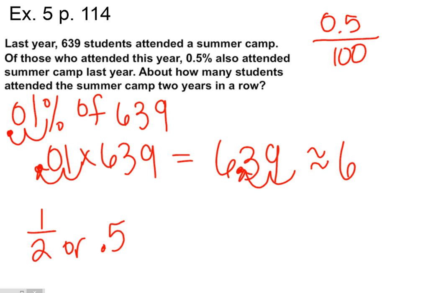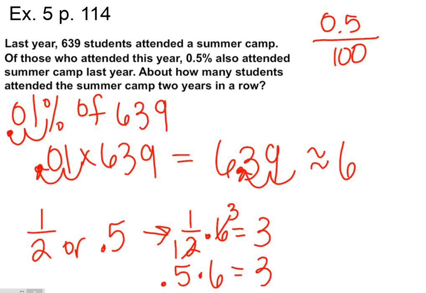You could work that out by showing it this way. Half of 6, you can do that in your head, or you can cross simplify. Half of 6 is 3, or you could do the decimal. 0.5 times 6, 5 times 6 is 30. Move the decimal 1 time to the left, and you still get 3.0, which is 3.